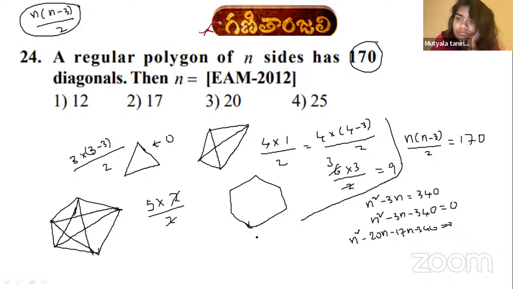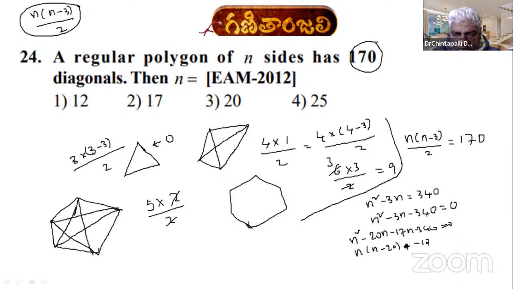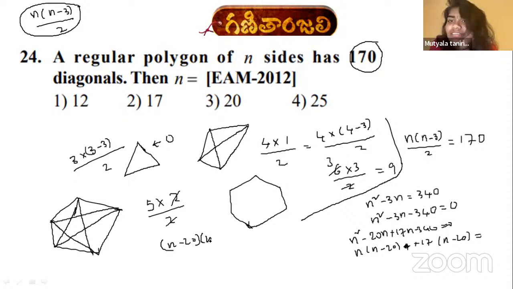See, n common: n times n minus 20, plus 17 times n minus 20. So n minus 20 times n plus 17 is equal to 0.